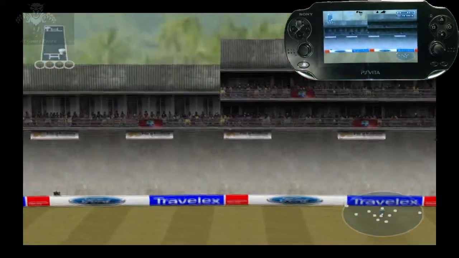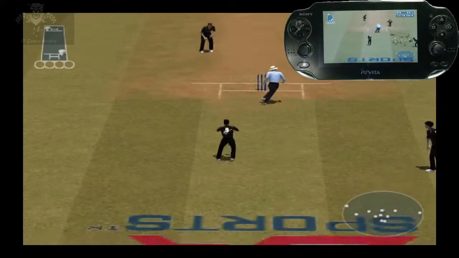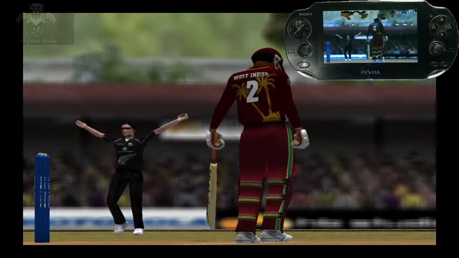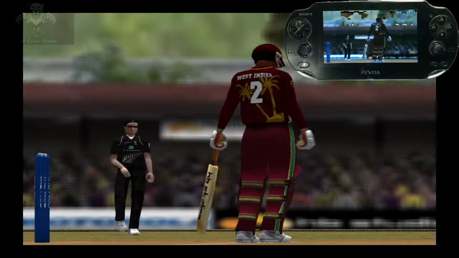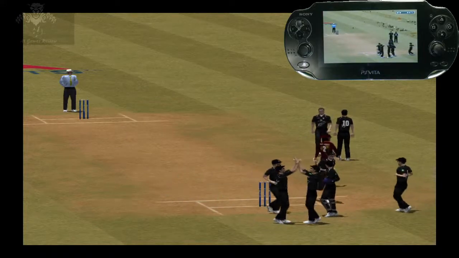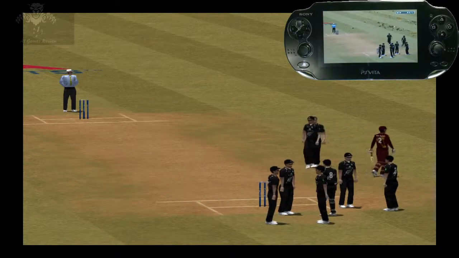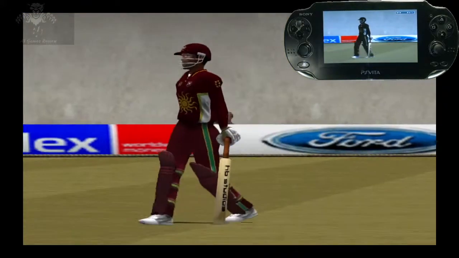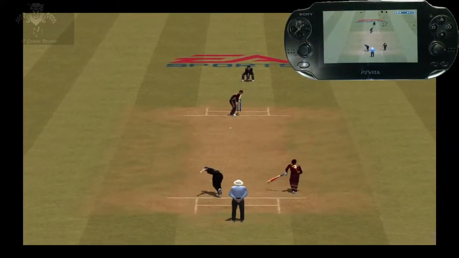There it goes. Safely taken by Bertol. That was a lazy shot. He'll regret that when he sees the replay. Cairns gets his first wicket. Let's see the action replay of that.